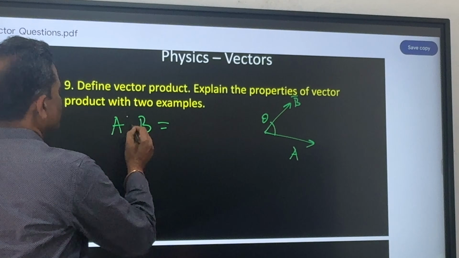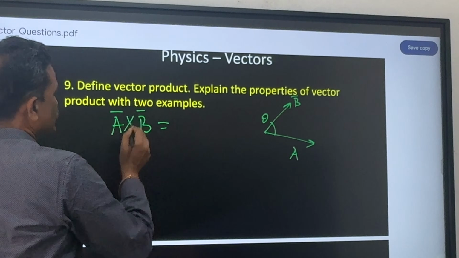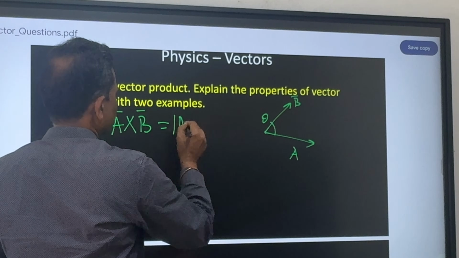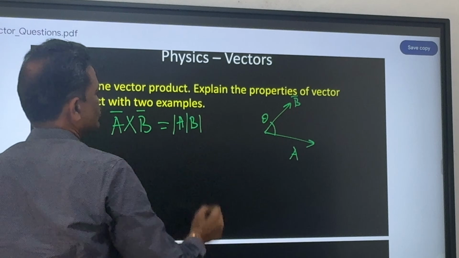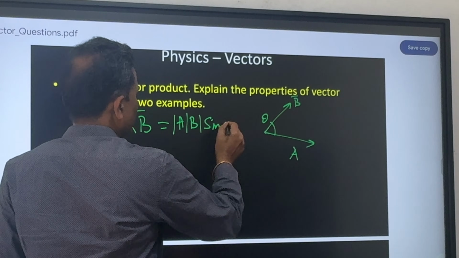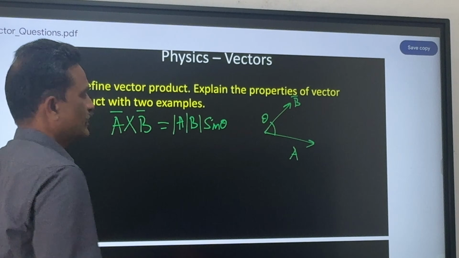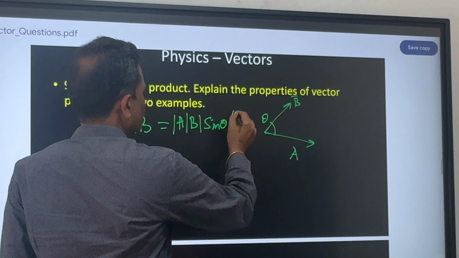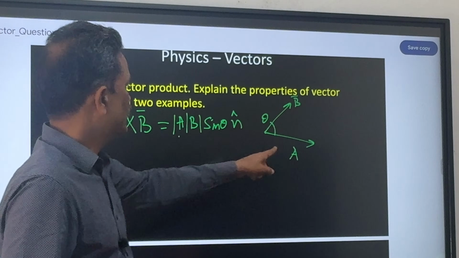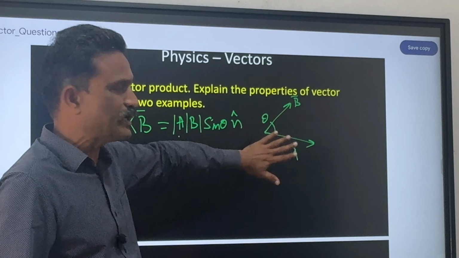So it is represented by cross. So A cross B, the vector product of two vectors A and B, is defined as the product of their magnitudes and sine of the angle between them and the unit vector perpendicular to the plane consisting of A and B. So A and B are in this plane, they are in the plane of the board.